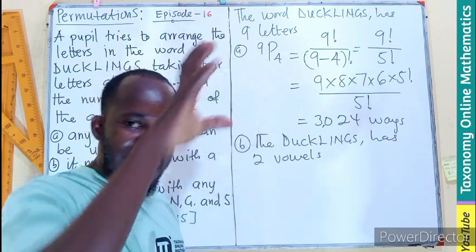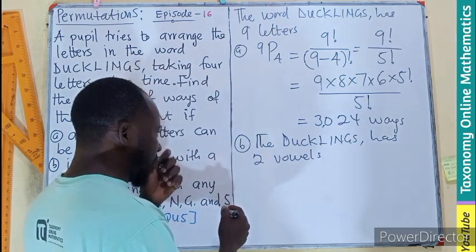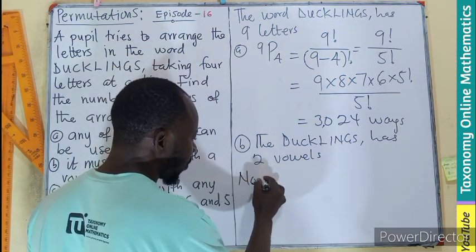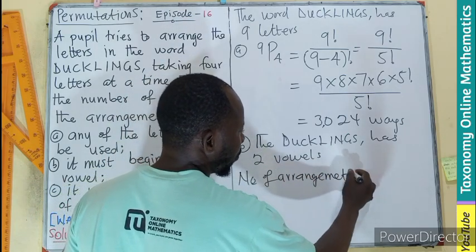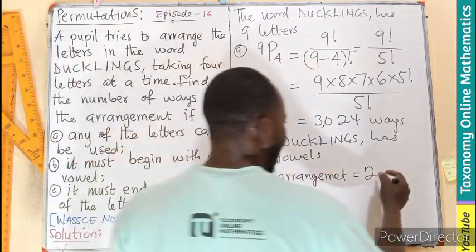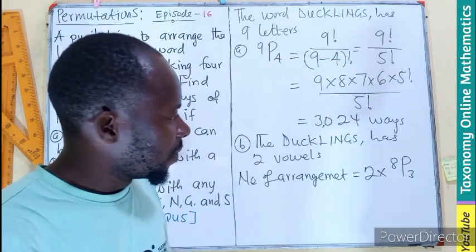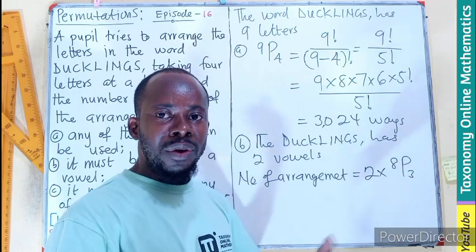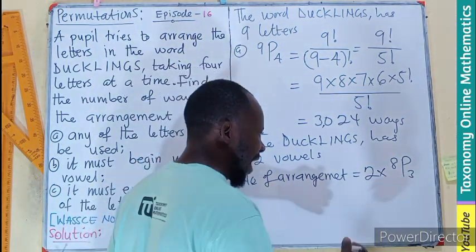So 8 items where we are paying attention to only 3. The number of arrangements is going to be 2, which is the options for the first position, times 8 permutation 3. Only 8 letters are left, and in those 8 letters we are looking for 3 at a time, which could be any of them.